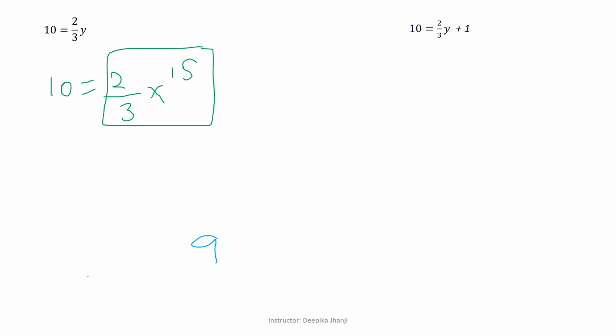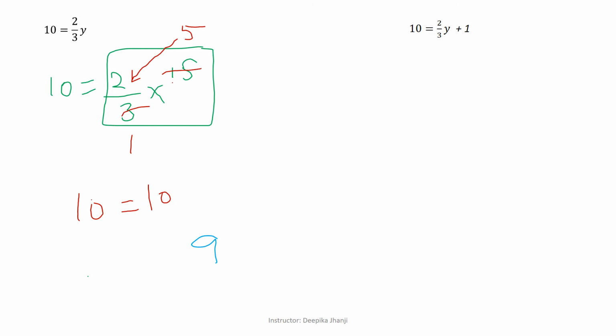So 3 cancels with 15. 3 ones are 3 and 3 fives are 15. 5 times 2 is 10. You will see your left hand side balances the right hand side. So that is how you can check your solution by back substitution of your answer into the equation.